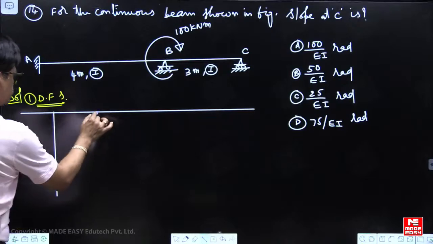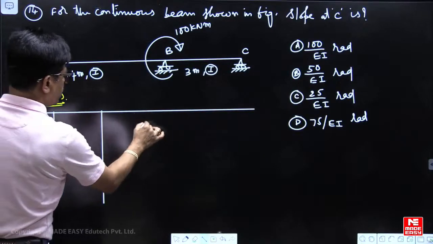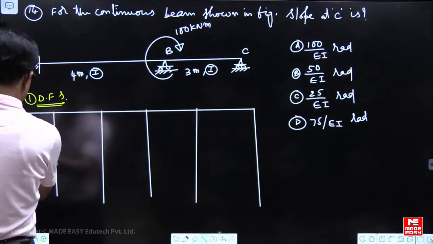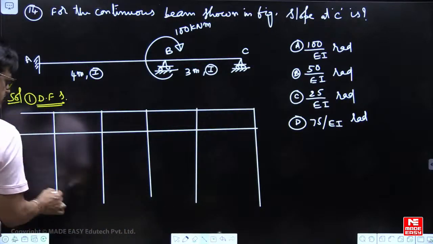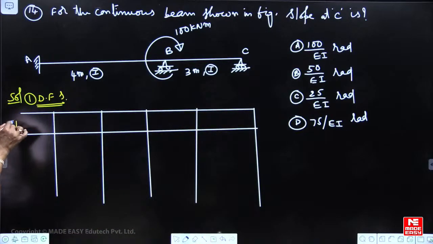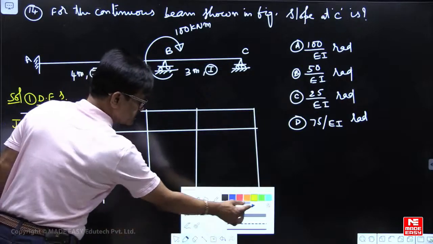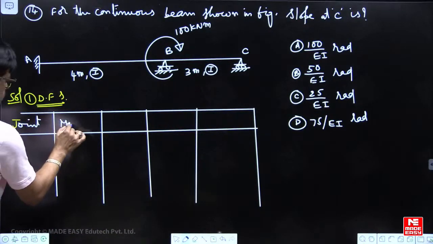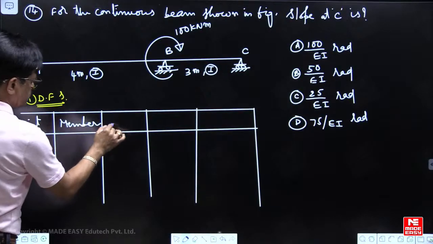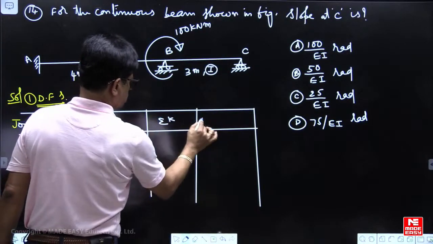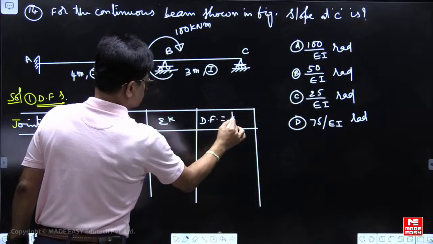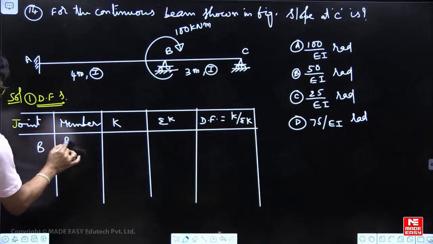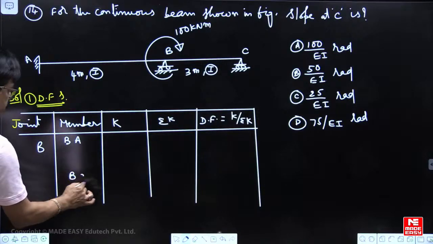Joint, member, K, sigma K, distribution factors. Only one joint is required, BA, BC.